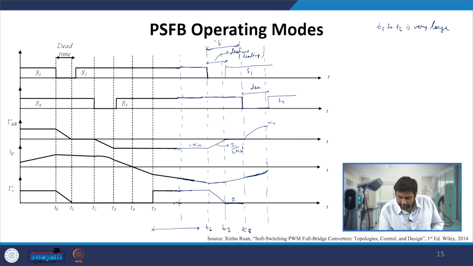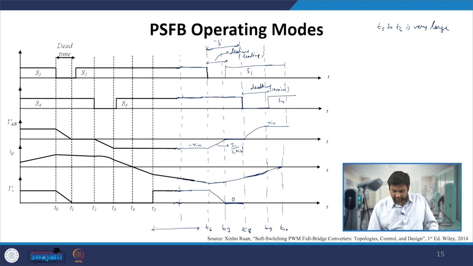That is the lagging leg. Now at that point, my S4 is on and already my S1 is on, so you are now applying Vin voltage, and that is when the current will rise and reach the 0 point, which here is T9, and this is T10.